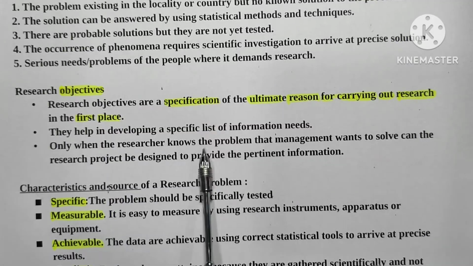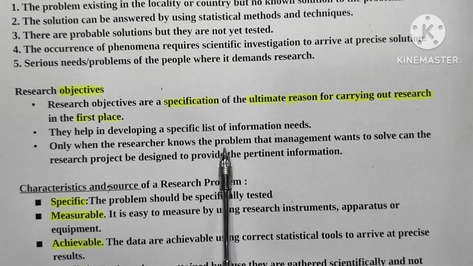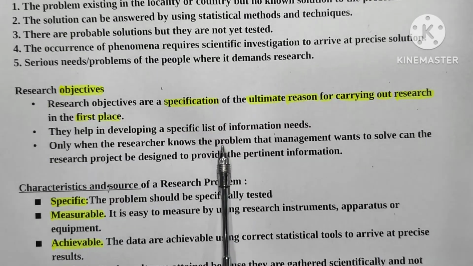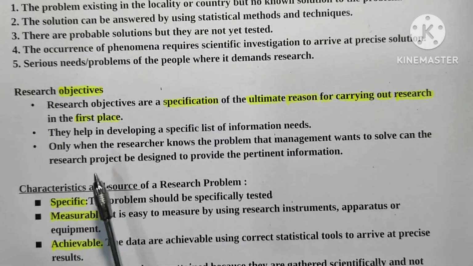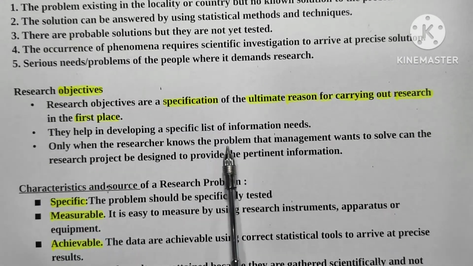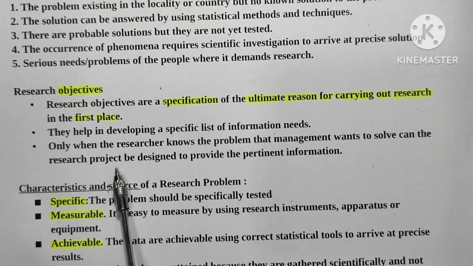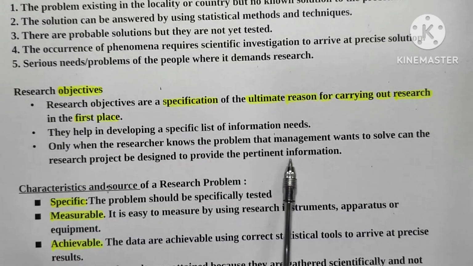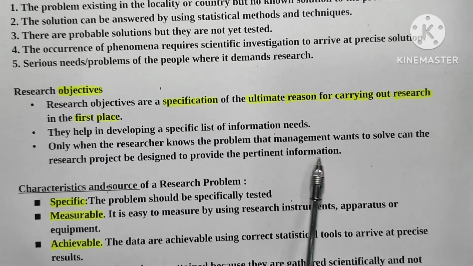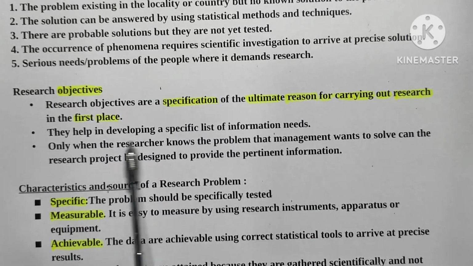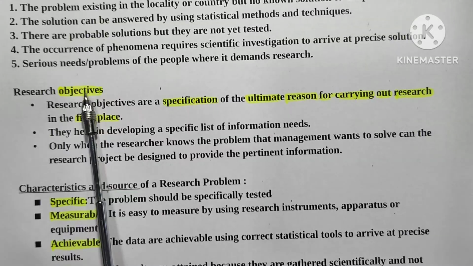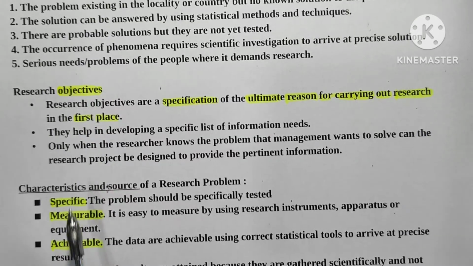Only when the researcher knows the problem, if the researcher has good knowledge and has done an in-depth study about that problem, will they have an idea. The researcher knows the problem that management wants to solve. Can the research project be designed to provide the pertinent information? So for these purposes we need to have research objectives.